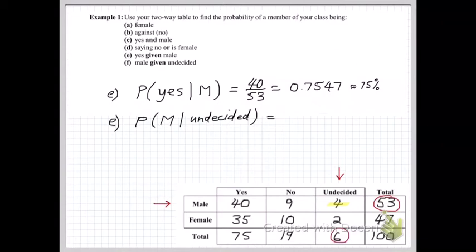So the conditional probability is 4 over 6, which is about 67%. Hopefully you can see that the numbers we get are quite different when we have an initial condition. This is because instead of working with the original sample space of 100, we're working with a reduced sample space or a subset of the original sample space.